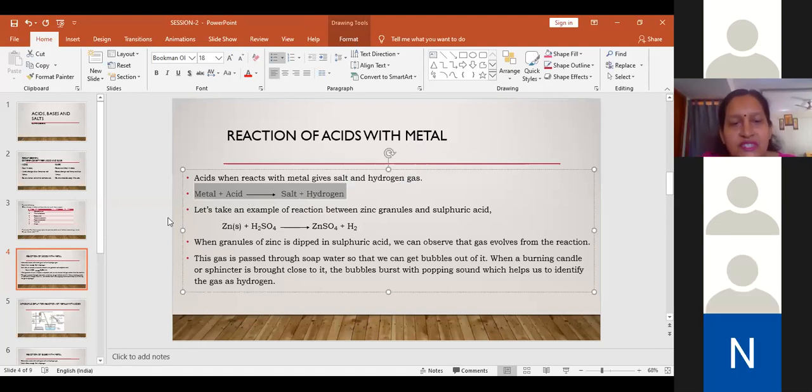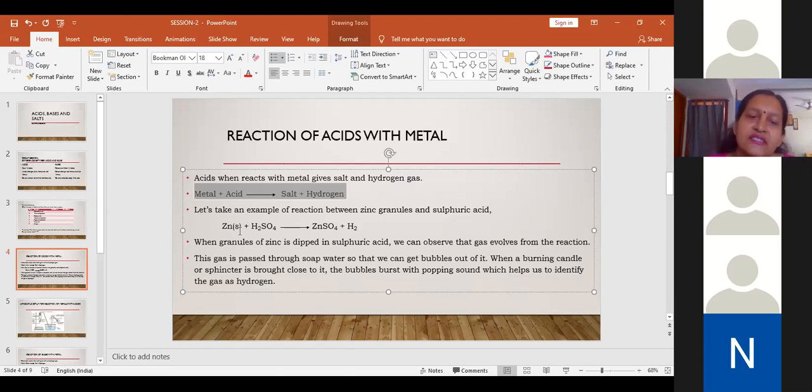So when a metal reacts with acid, it basically forms a salt and a lot of hydrogen gas is evolved out of it. Now this salt doesn't mean the common salt NaCl. It means any salt, which is an association of a positive and a negative ion and is ionic in character, which doesn't show any basic or acidic nature when tested with litmus.